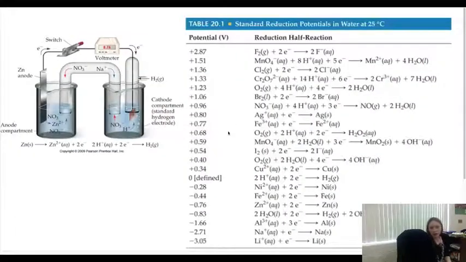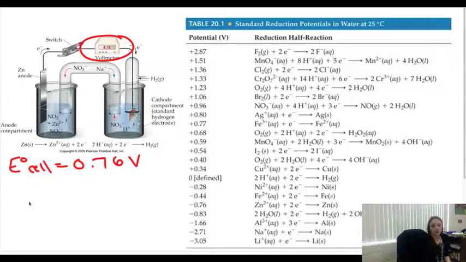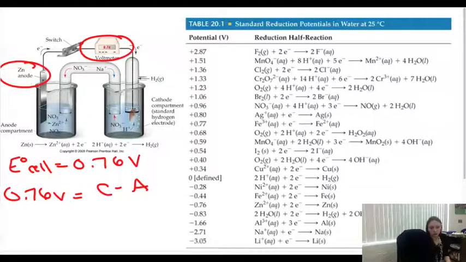Okay, so if we look at the example here that you have at the bottom of the page and that I have right here, we have our cell, and they tell me that my voltage for the entire cell is 0.76. So the overall E naught for my cell is 0.76 volts. So 0.76 volts is going to be equal to my cathode minus my anode. So if I wanted to figure out exactly what the voltage for my zinc anode would be, I know that my hydrogen is 0, so we're going to take that as our starting point.